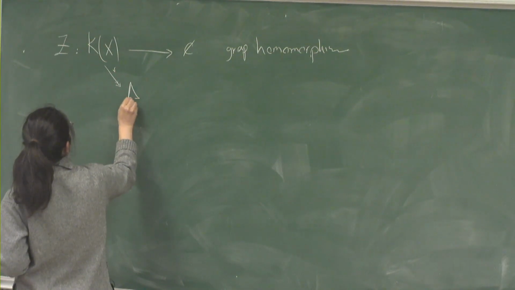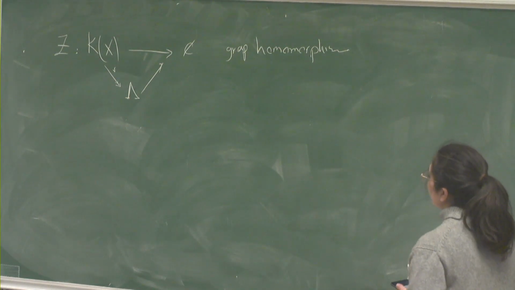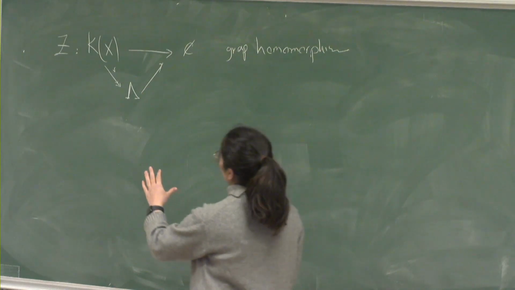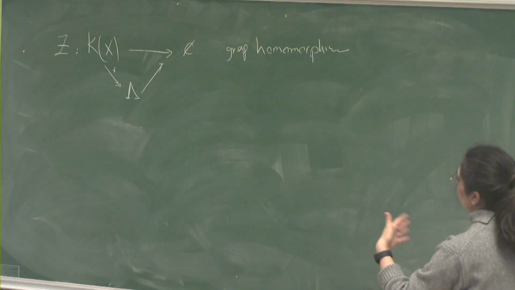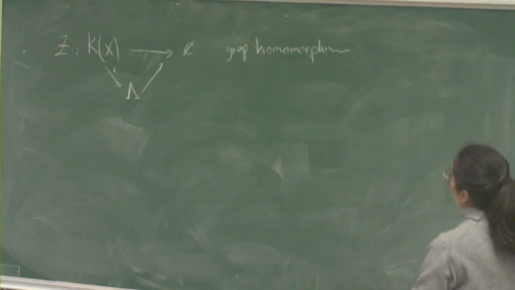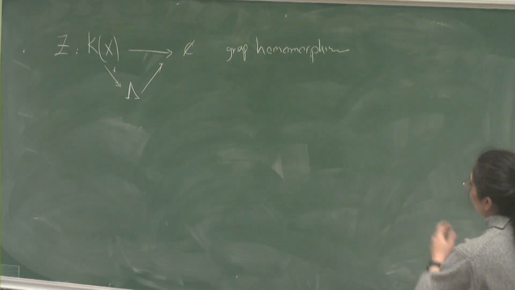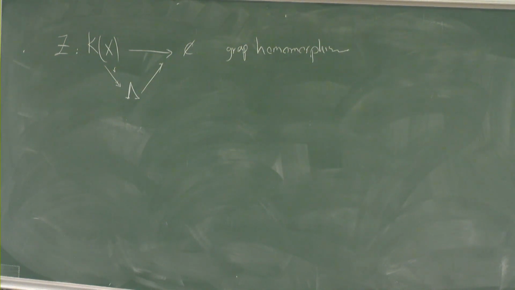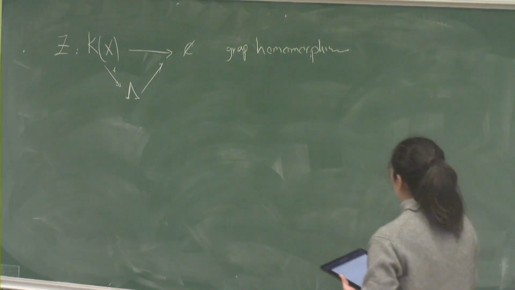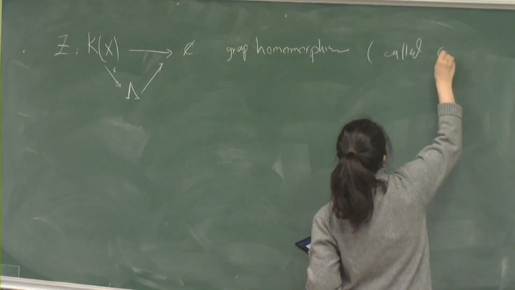I want this map to factor via the lattice that I've defined, to be sure that we only care about a finite dimensional lattice in the end. It's important later on for the topology of this space. It's important that we fix a finite dimensional lattice instead of working with an infinite one. And so I want a group homomorphism, which physically is called the central charge or a stability function.